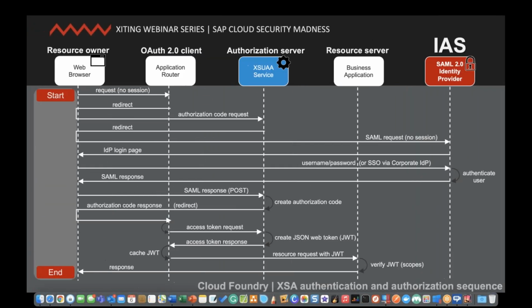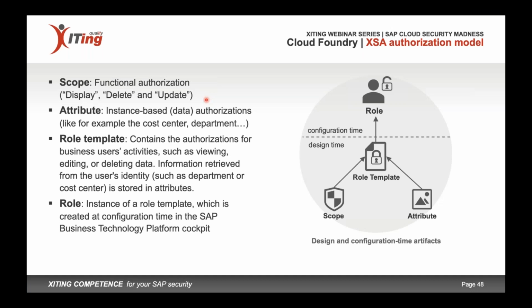Alrighty. Last but not least, some information about the authorization model for applications that follow the Cloud Application Programming Model, or in short, CAP. The concept is that you bundle multiple authorizations, and by this you consider different attributes.